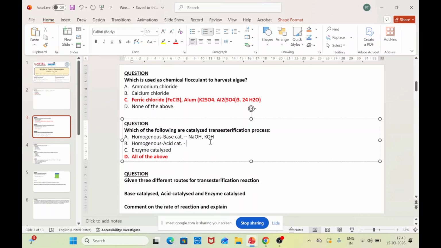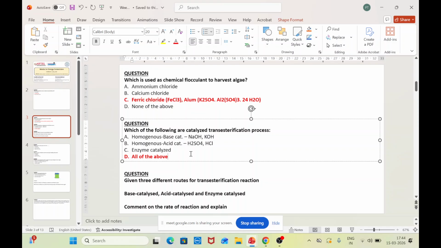Examples for a homogeneous acid catalyst: it will be sulfuric acid or hydrochloric acid.